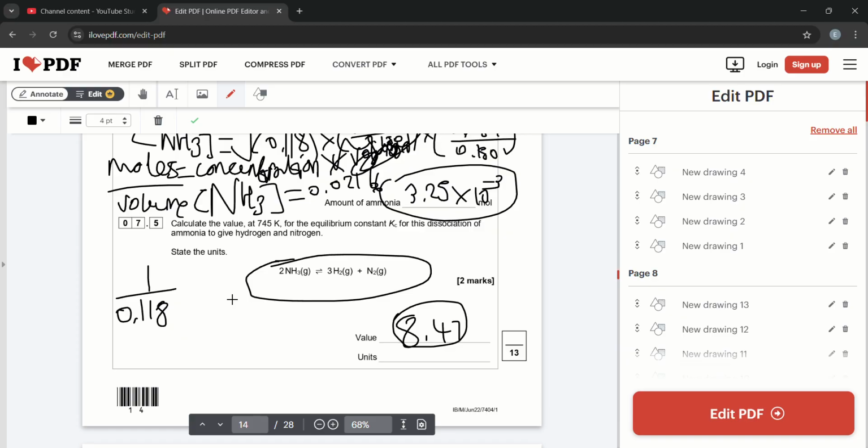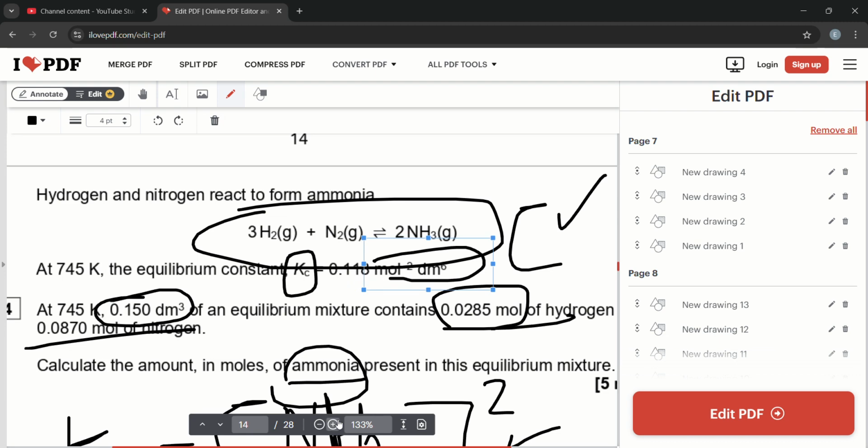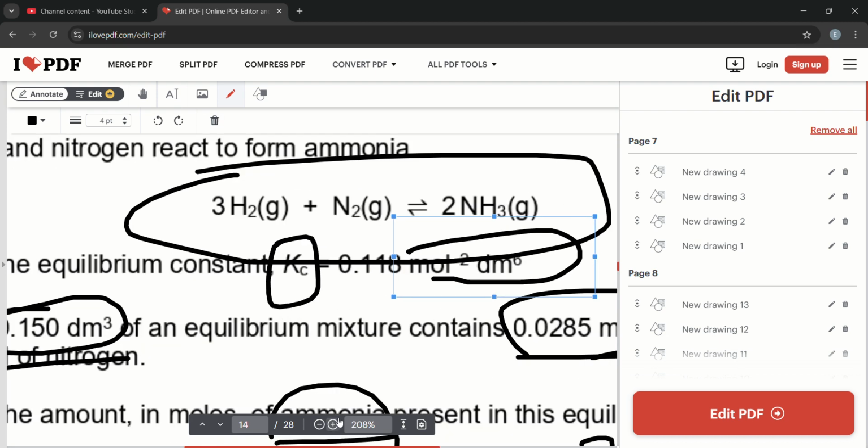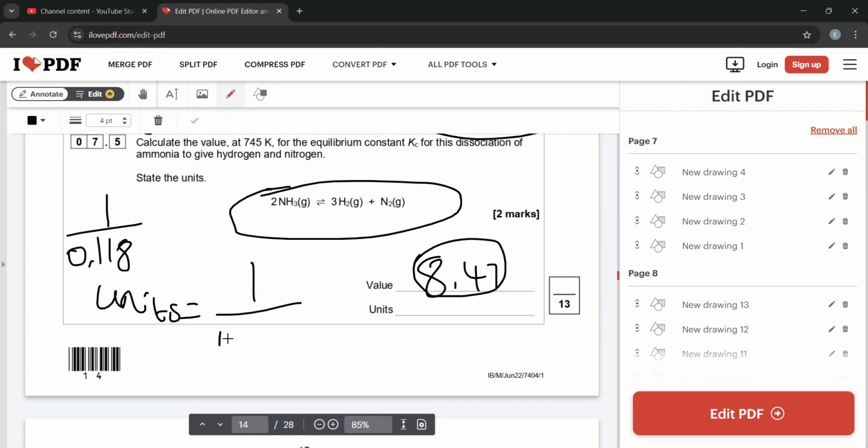And then state the units. The units, same thing. For this one, we just flipped over the reaction, so the units are going to be flipped over. It's going to be 1 over the units for the other one. The units for that one were mole to the power minus 2 dm to the power 6, I'm pretty sure. So 1 over that is mole to the power 2 dm to the power minus 6.